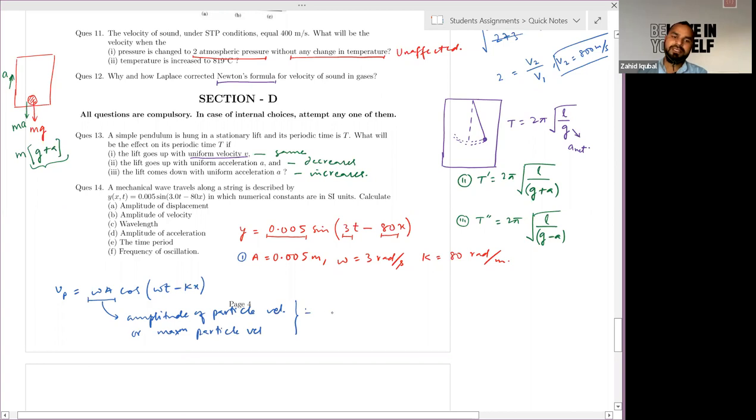Omega we have 3 and a is 0.005. On solving, you will get 0.015 meter per second.